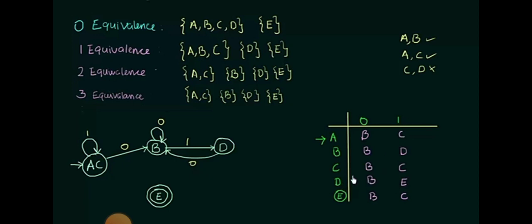D, when getting the input of 1, goes to E, so we put the 1. And E, on getting input 0, goes to B, so we put 0 to B. Then E, when getting input 1, goes to C, so we put 1 to the A and C state.